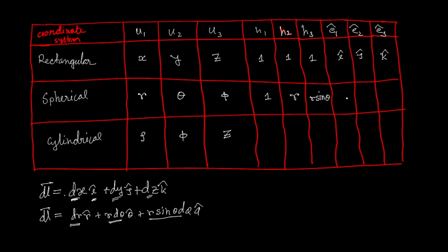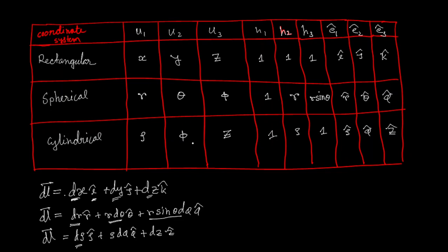And then unit vectors r cap, theta cap, phi cap. And same way in cylindrical coordinate system, we have written elementary length dl is equal to d rho, rho cap, and then rho d phi, phi cap, and dz, z cap. So here the coefficient of d rho is 1, coefficient of d phi is rho, and coefficient of dz again 1, and unit vectors rho cap, phi cap, z cap.